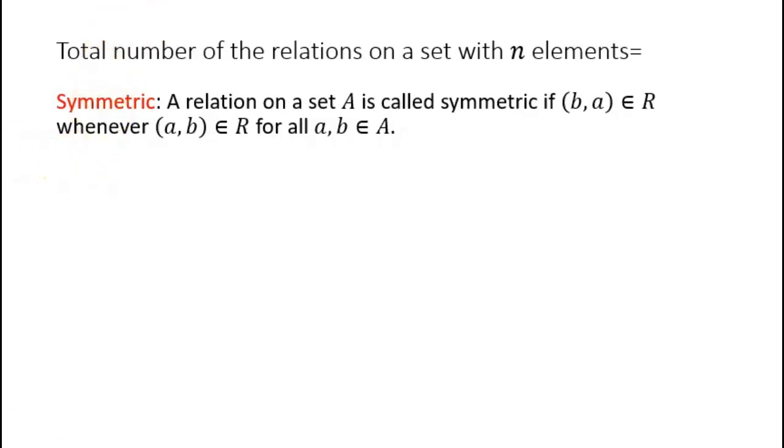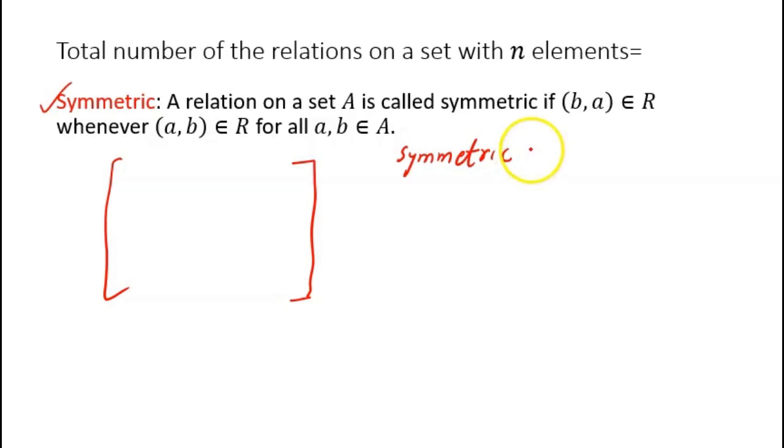Next, we are going to talk about the number of symmetric relations that we can define on a set with n elements. So again, we are going to talk about the matrix representation of a symmetric relation. And I hope you are aware that the matrix representation of a symmetric relation is a symmetric matrix. We have discussed this in the previous videos, so in case you have any doubt, please watch those videos as well.